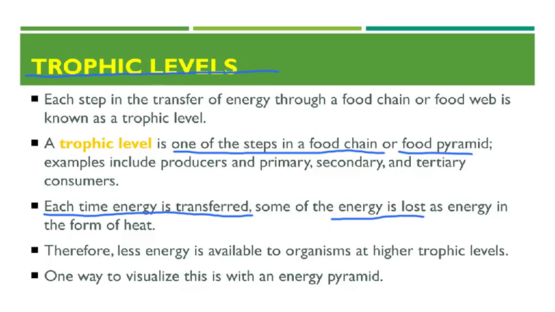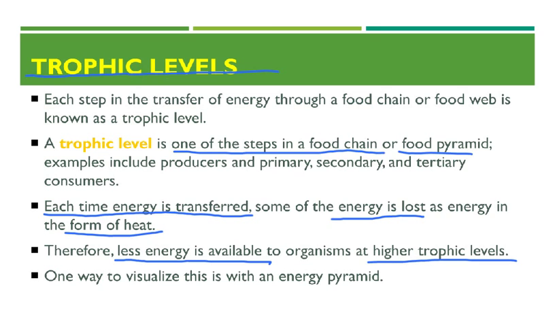I mean, energy can't be destroyed. Whatever organism is getting eaten uses a bunch of the energy. And so less energy is available at higher trophic levels, and there tend to be less organisms at the high trophic levels than the low ones.